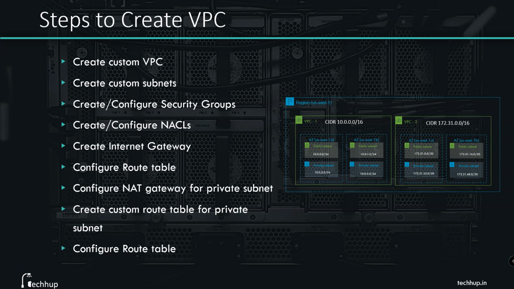So this helps us greatly eliminate the time, effort, and complexity of creating your basic networking architecture with VPC, before it is ready for you to deploy your resources within the VPC.